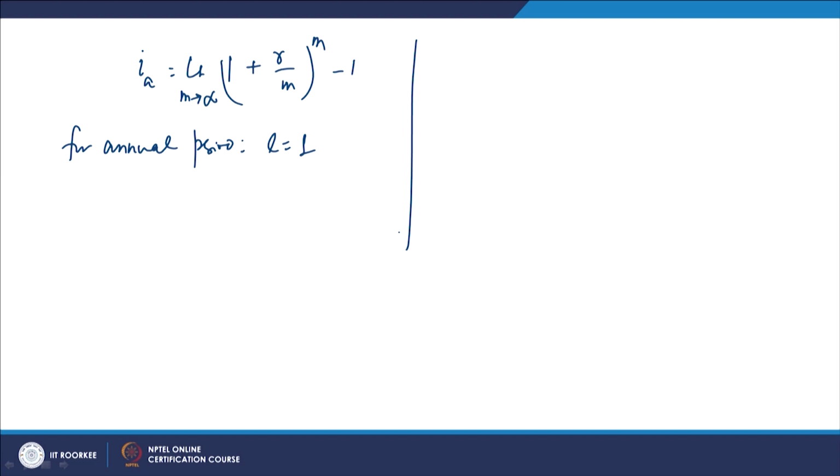So, in that case if you try to define, now what we see, you can recall that expression: limit m tends to infinity of (1 plus r by m) raised to the power m by r is defined as the exponential function, that is e, and this e is nothing but 2.7182, and then you have further the number.